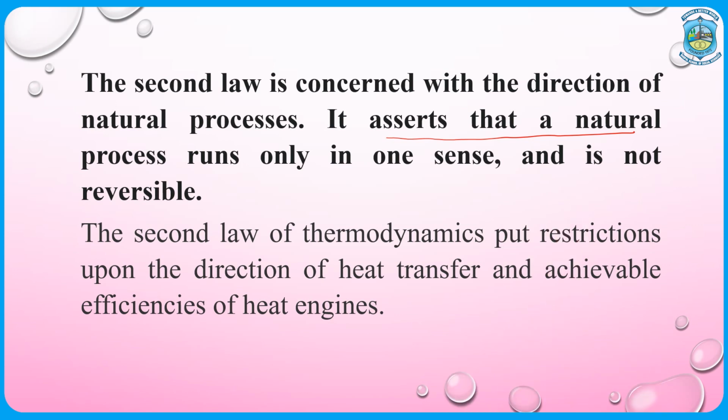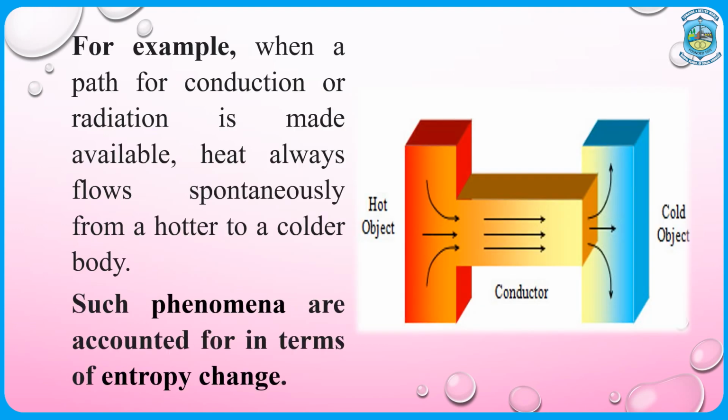The second law of thermodynamics puts restrictions on the direction of heat transfer and the achievability of efficiency of heat engines. For example, in this figure, we have a heated object connected to a cold object by a conductor. The heat passes automatically and spontaneously from the hotter object to the colder object through the conductor.